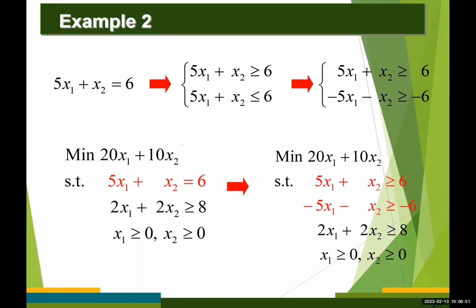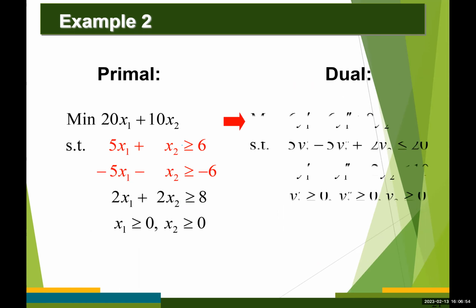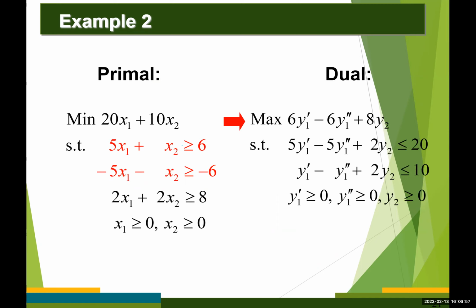Now we can write this dual problem, right? Just to let you know, here we've chosen to name our dual variables not y1, y2, y3, but y1 prime, y1 double prime, and y2, because the first two constraints in the primal problem come from only one equality constraint, okay?